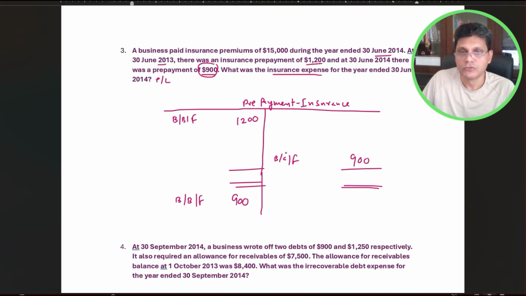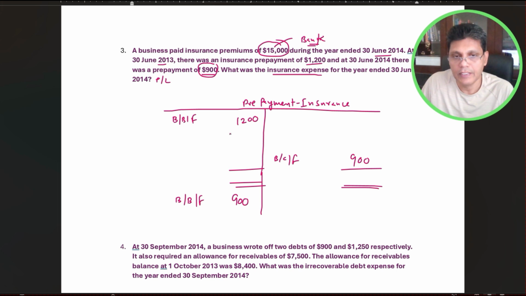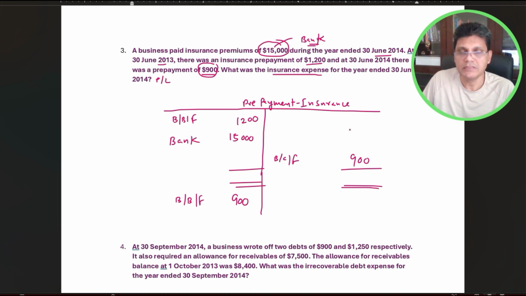Okay. So during the year, there was a payment of 15,000 US dollars. So when you pay this, you would have credited the bank account, and this amount has to be debited to the prepayment account. Okay, bank credit, debit the prepayment account. So what is the expense charged to the profit and loss account? So this is what we need to identify.